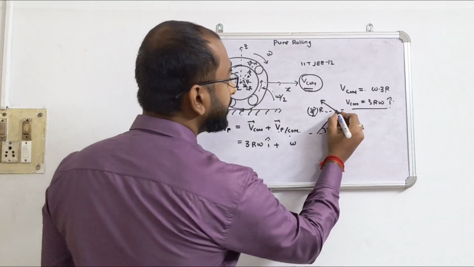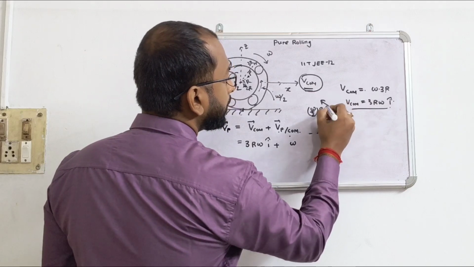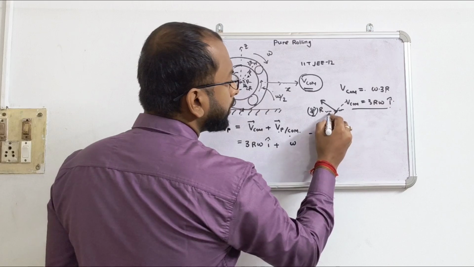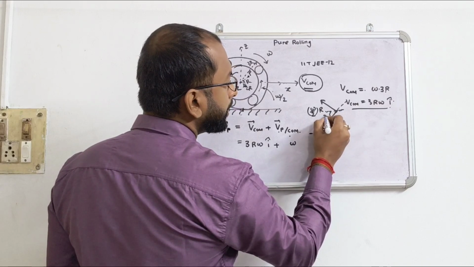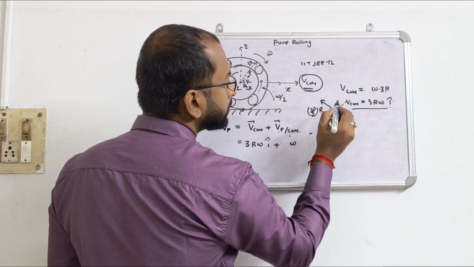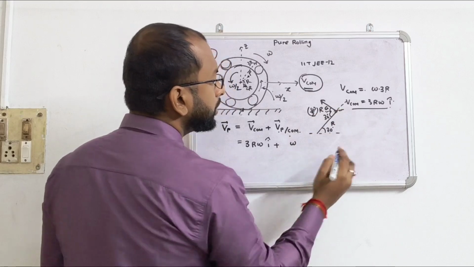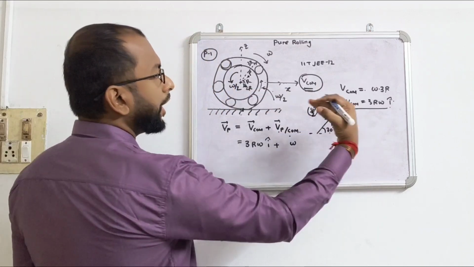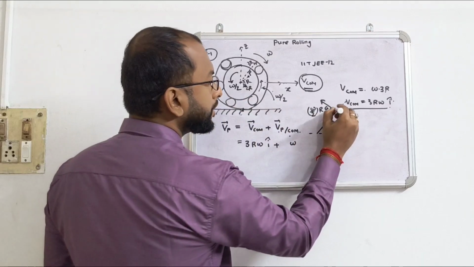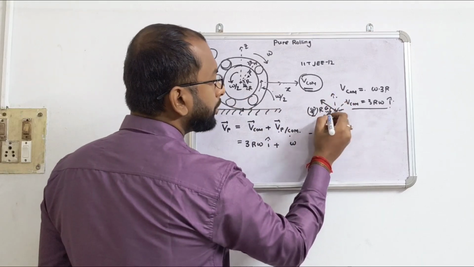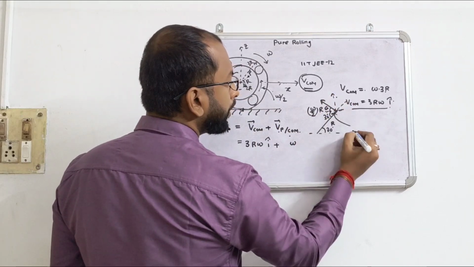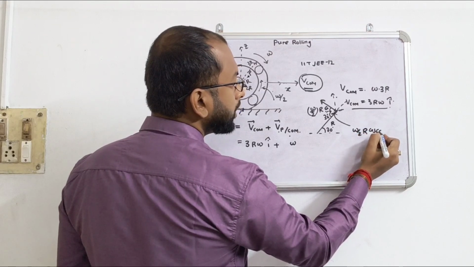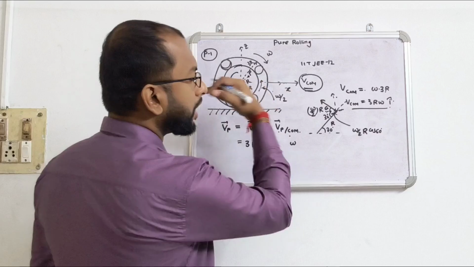So this direction means this is 30, this is 30, so this becomes 60 degree. We can write that it has two components: one along the negative x-axis and another along the z-axis. The x-axis component is omega by 2 r cos 60, in the direction minus i.